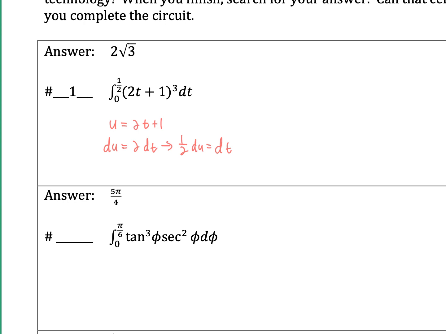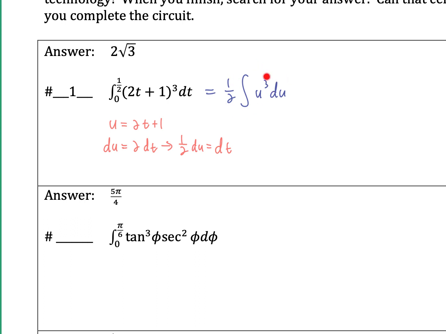Okay, and we'll substitute just like normal. I'll pull the half out. And then u is 2t plus 1, so that'll become u. So this will just be u cubed. And then this dt is half du, so that's half du.